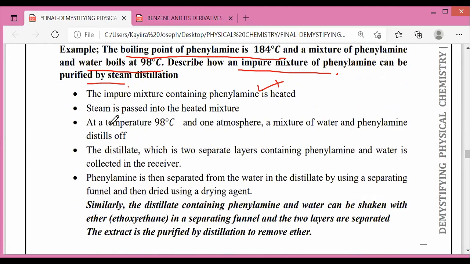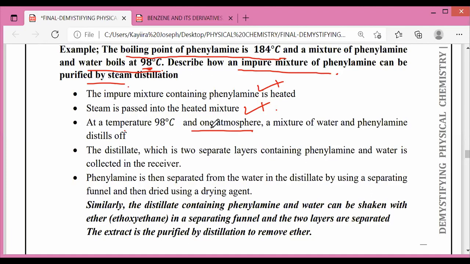And as you heat it, you bubble steam through that heated mixture at a temperature, this temperature here, which is given, at 1 atmosphere, the normal atmospheric pressure. Remember, we said that boiling takes place when the vapor pressure above the mixture is equal to the atmospheric pressure. Are we together?